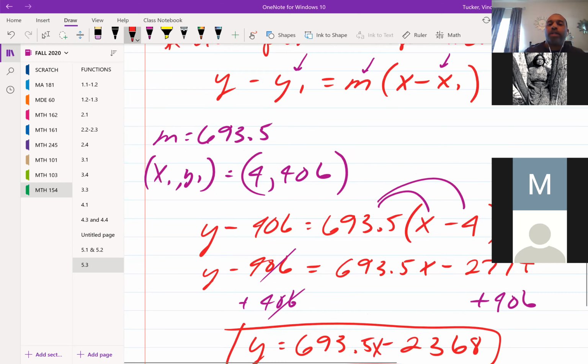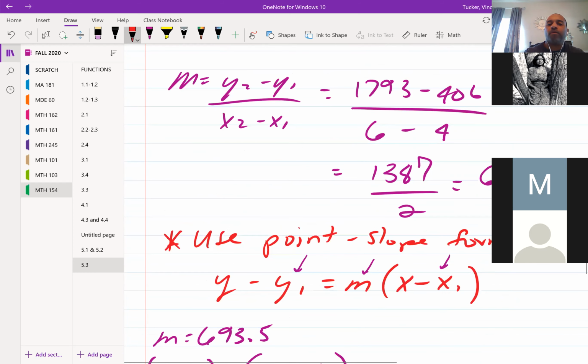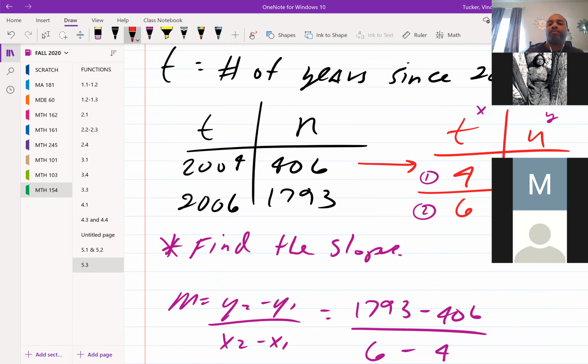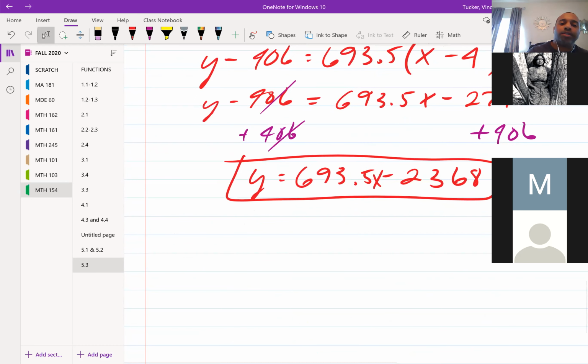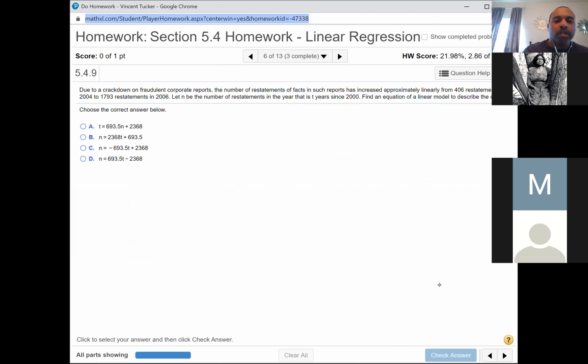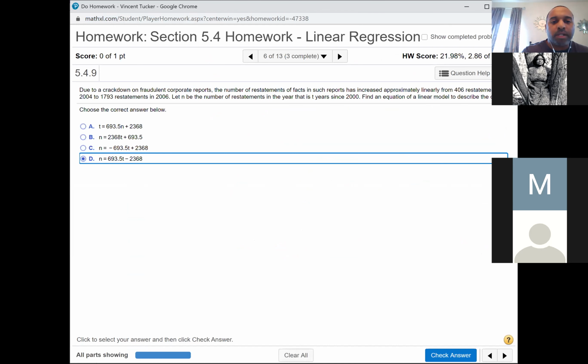Now, if we want to write it in terms of what they gave us, we go back to our variables when we were using T and N. Should be a T for the X and N for where Y is. So let's go back to the homework. So it's 693.5T minus 2368.